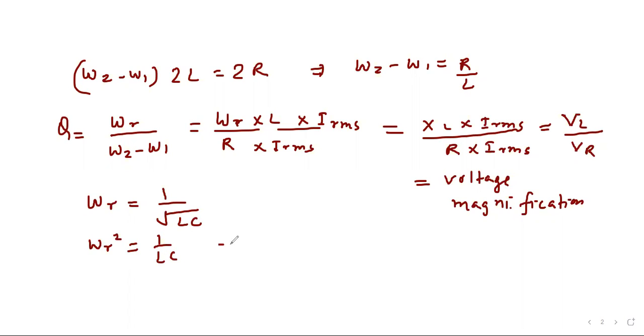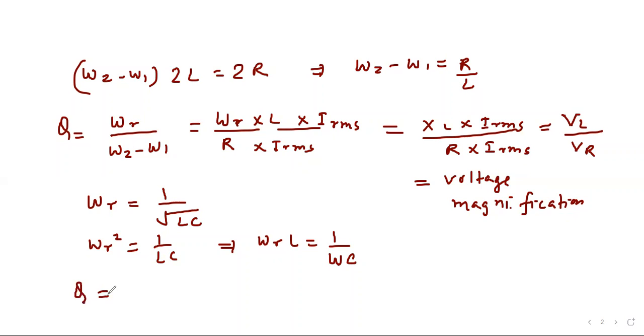So this will give omega R L equal to 1 upon omega R C. We take L here and we shift omega in denominator, 1 upon omega C. So now in case of omega R L, we can write 1 upon omega C. So what do we get?